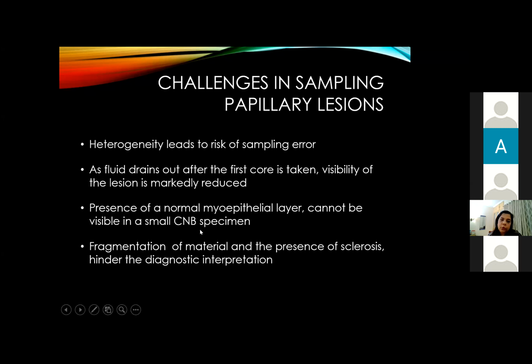And you need adequate amount of sample for the pathologist to be able to see the normal myoepithelial layer. So the quantity of the tissue should be large. And of course, fragmentation, they are very friable lesions, and presence of sclerosis, they hinder the diagnostic interpretation.